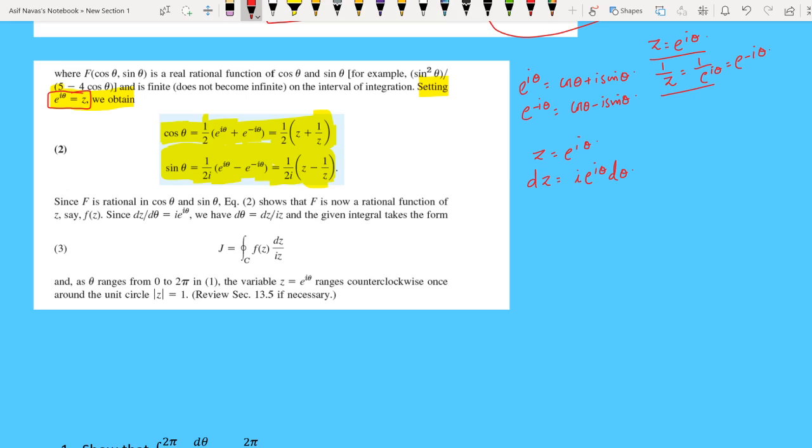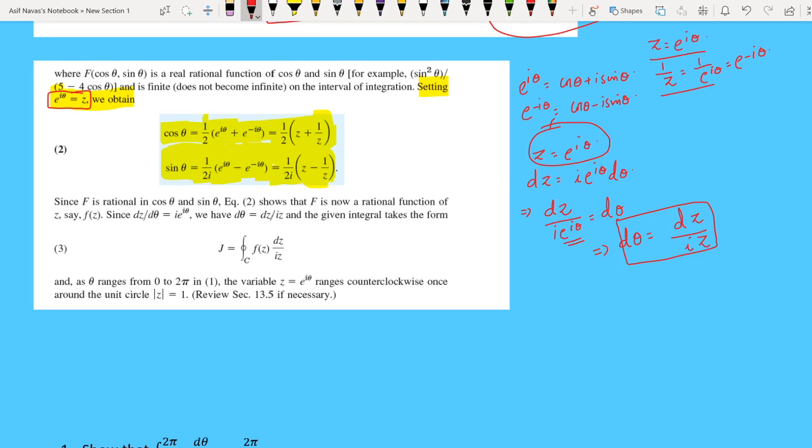So dz is equal to i e power i theta d theta, which implies d theta is equal to dz divided by i e power i theta, that is, d theta is equal to dz divided by i z. So our integration becomes in z, dz format.